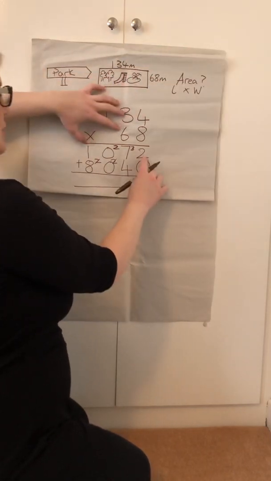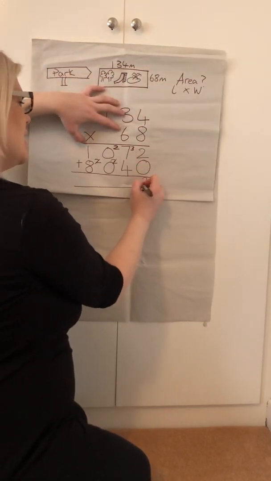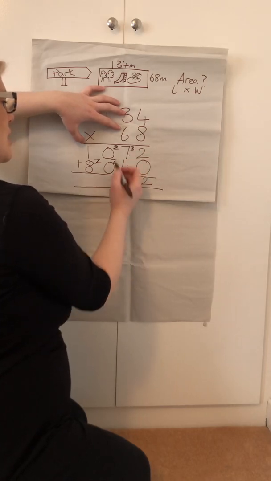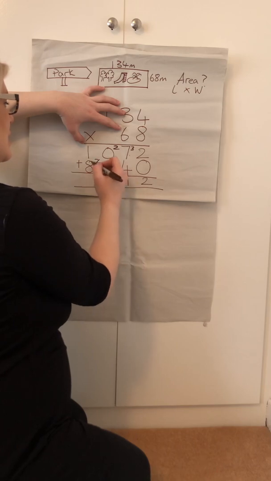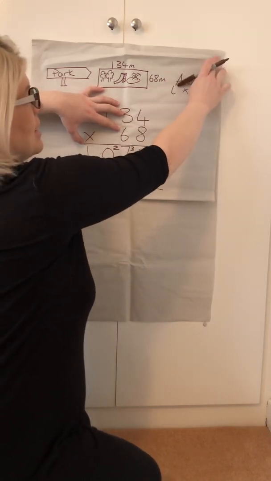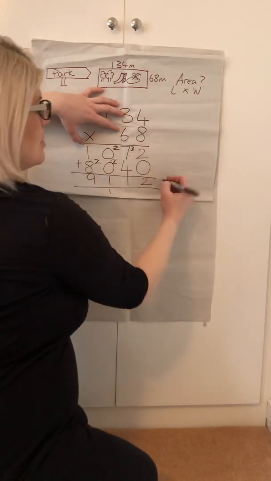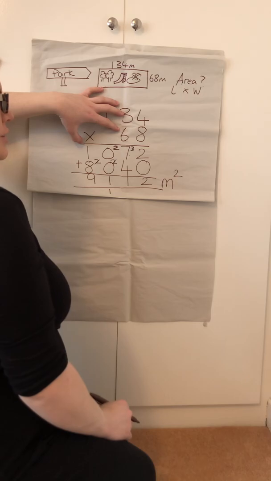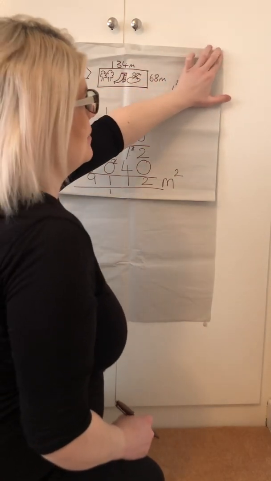Okay, so I have 2 add nothing. 7 add 4. I have my 1 here, and then my 9. But because I'm talking about area, I must remember metres squared, and that should be your final answer.